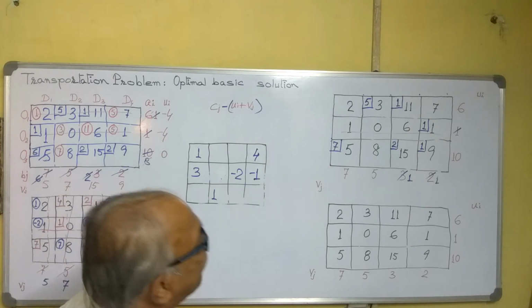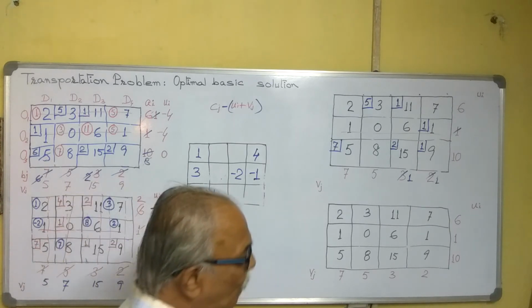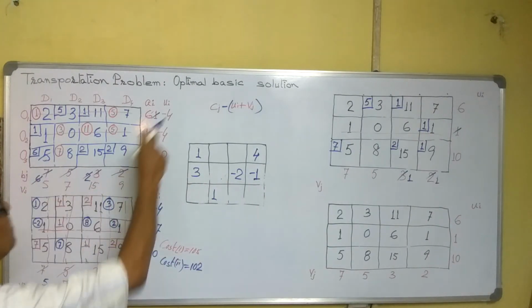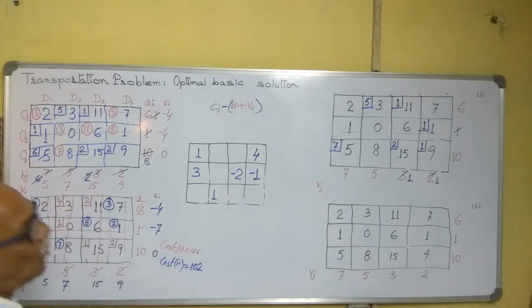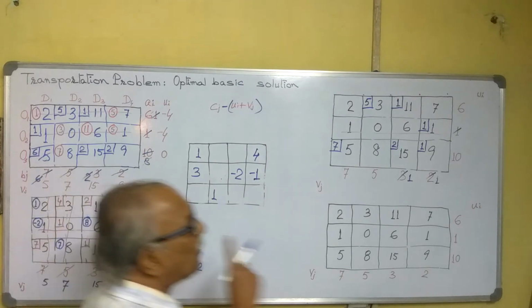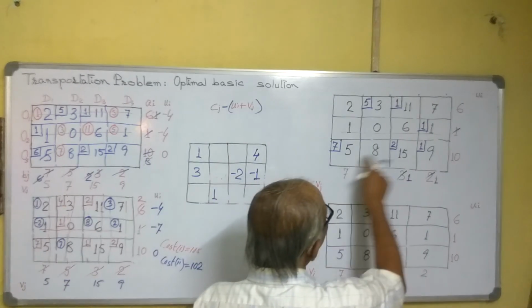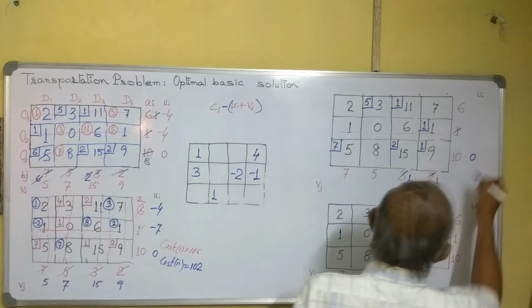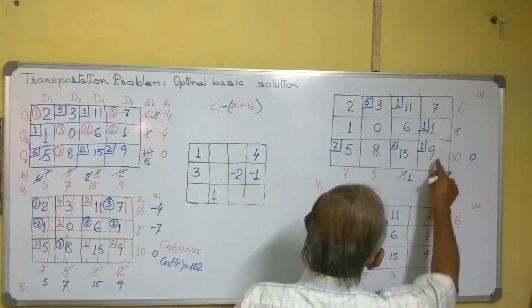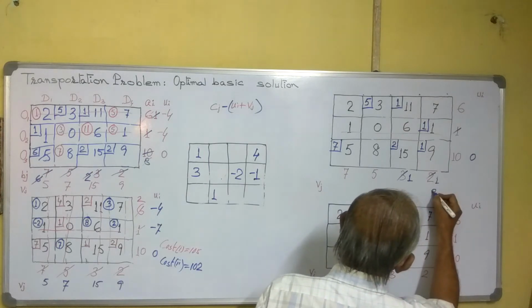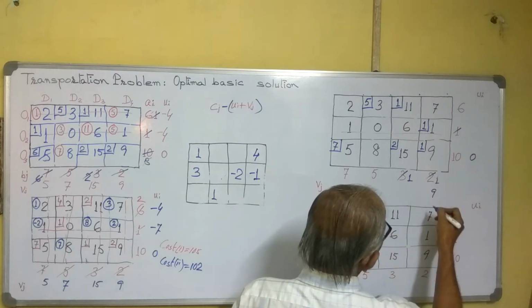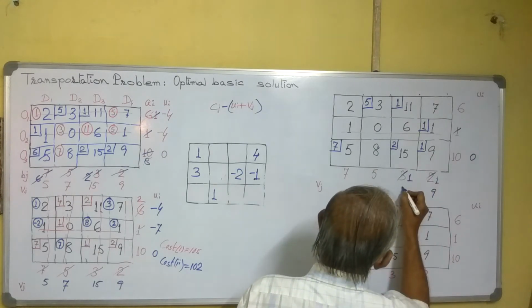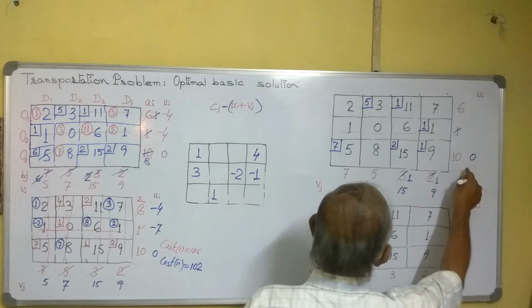After this, we do not know whether this basic feasible solution is an optimal solution or not. Again we have to follow the same method. Here 3 allotment is there, so we will take 0. Now here is 9. 0 plus 9 is 9. Now here is 0, 15. 0 plus 15 is 15.